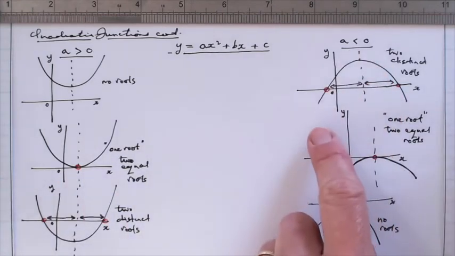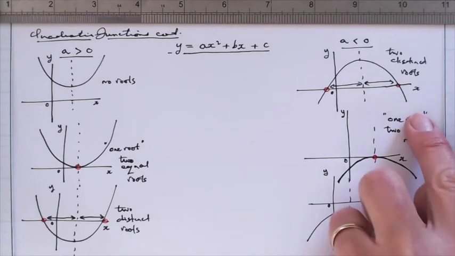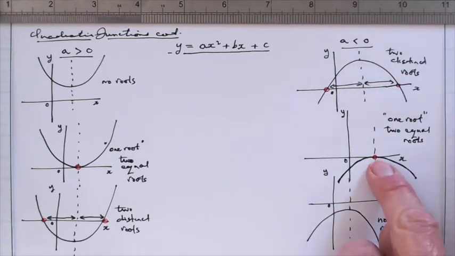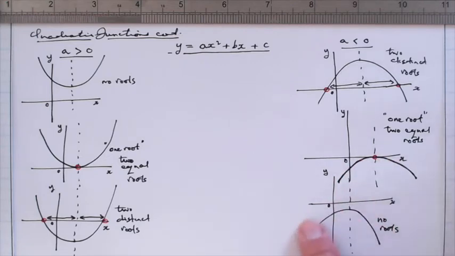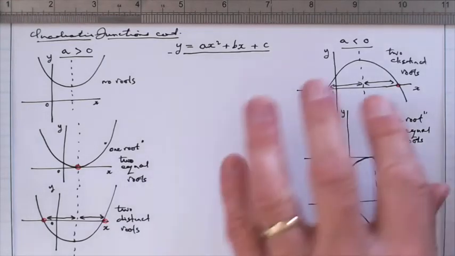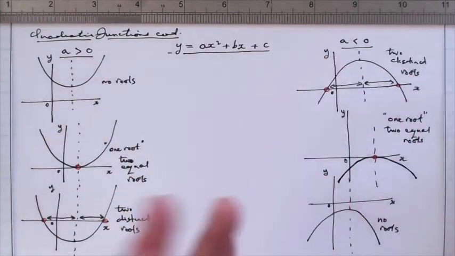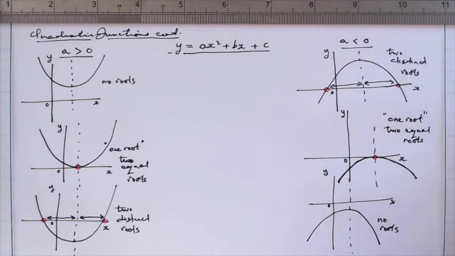If a is negative, it's a hill-shaped curve, either passes through the x-axis with two roots, just touches having one root or two equal roots, or is below the x-axis and has no roots. So, as I say, these curves can be left or right. I've just drawn them all on the right here because I have to make a choice in sketching them. But there will not be any other shapes that you have to worry about.